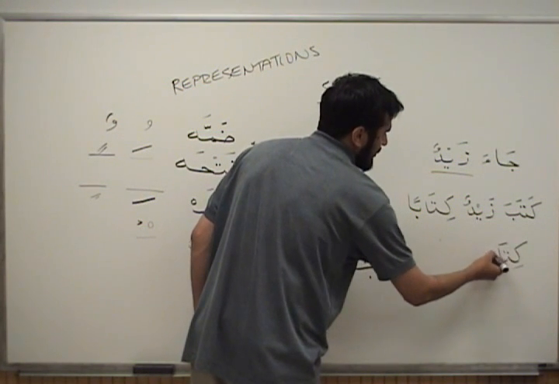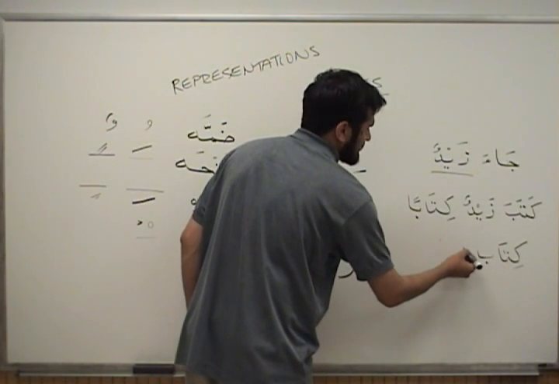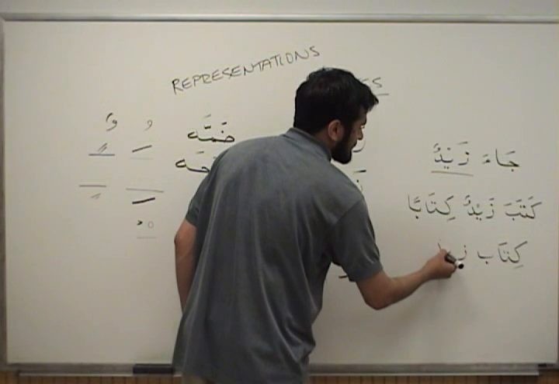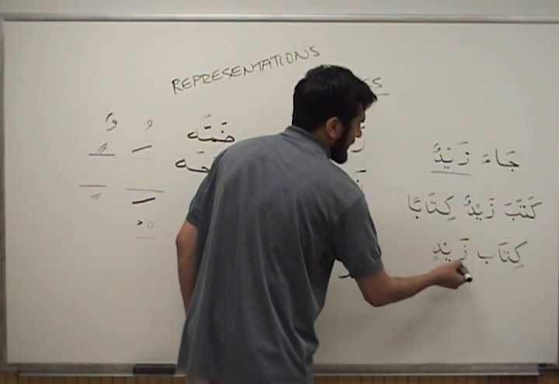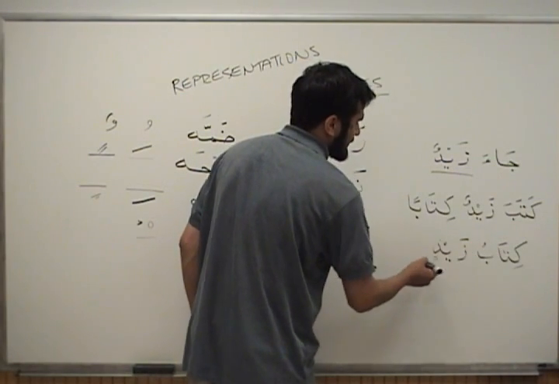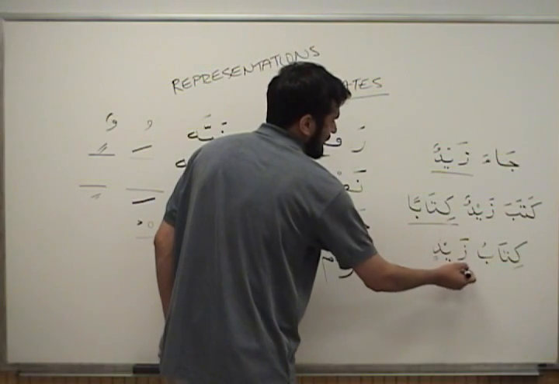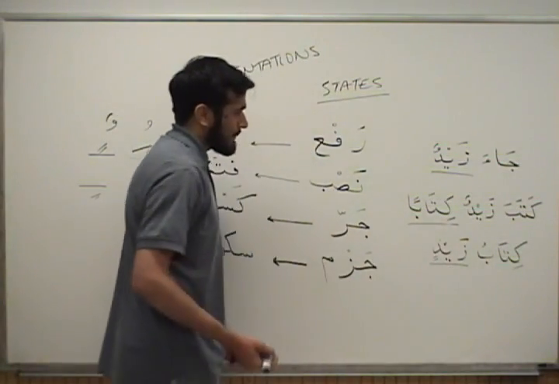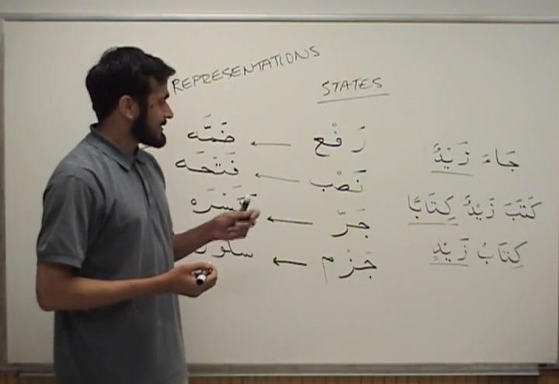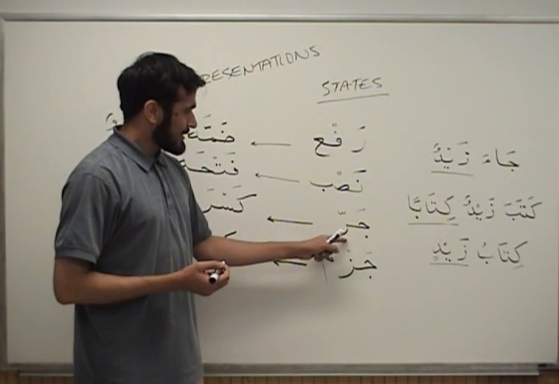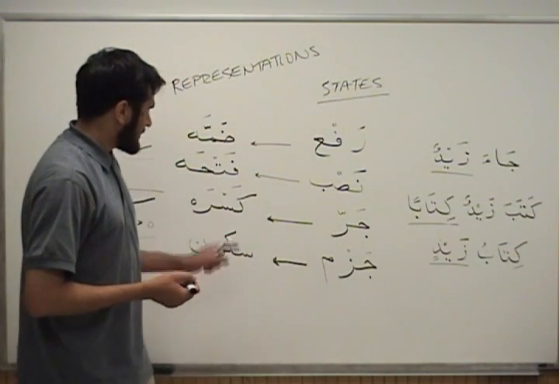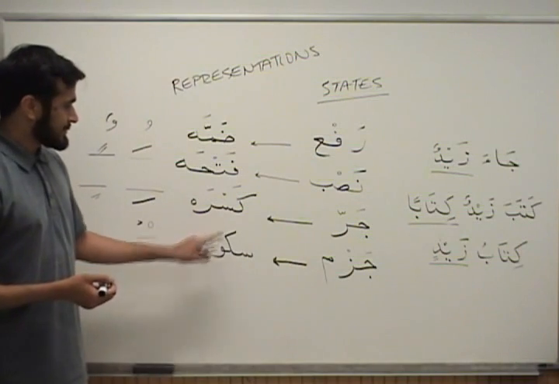And this is an example of jar. Kitabu Zaydin, the book of Zayd. So Zayd here, in this example, has a state. That state is the state of jar, and it's represented using a kasra.